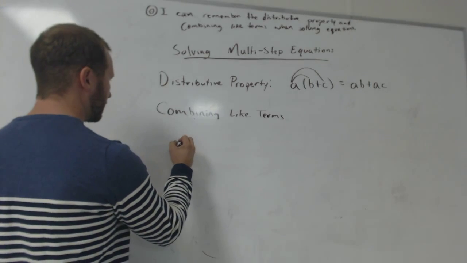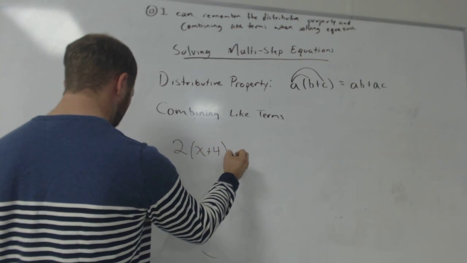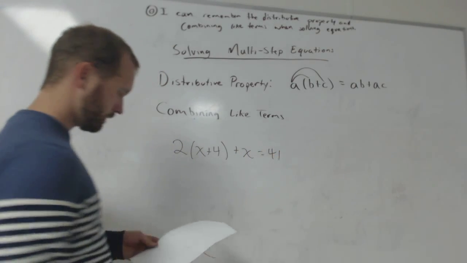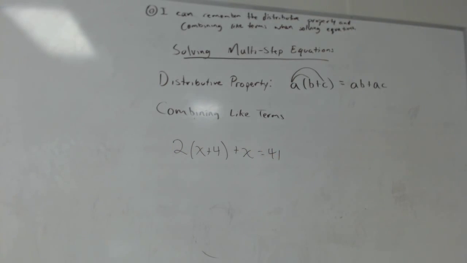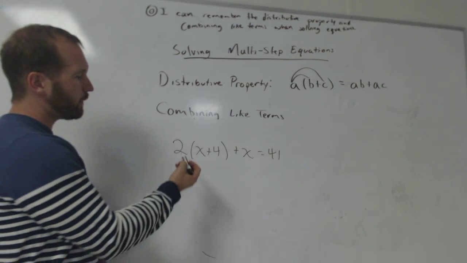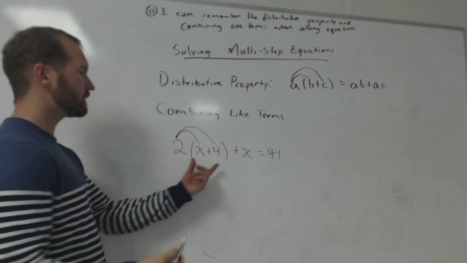So if you had a problem like this, 2 times x plus 4 plus x equals 41. What's an approach to this problem that might work? Distributive property is a great first step. That's going to let us get rid of these parentheses.